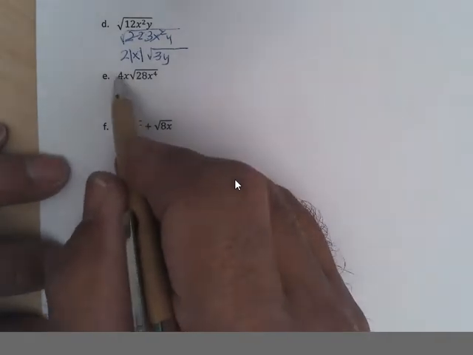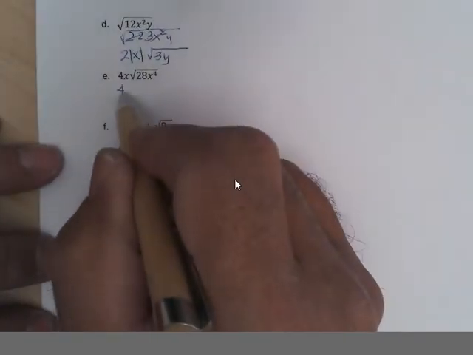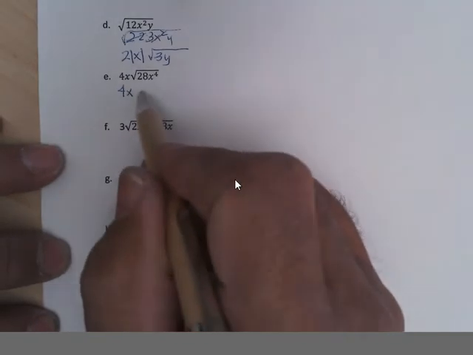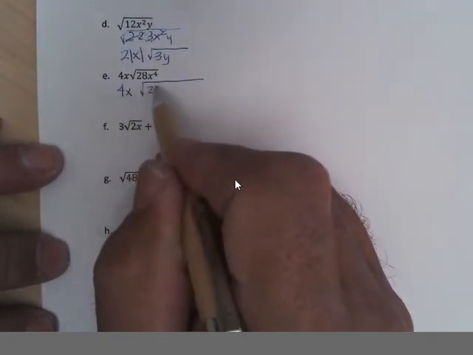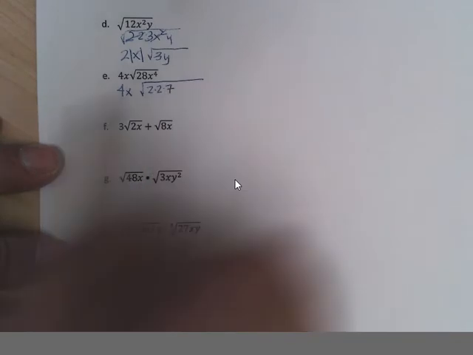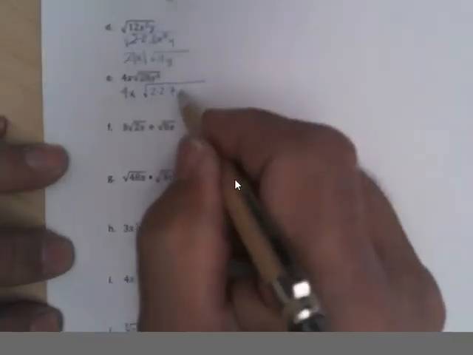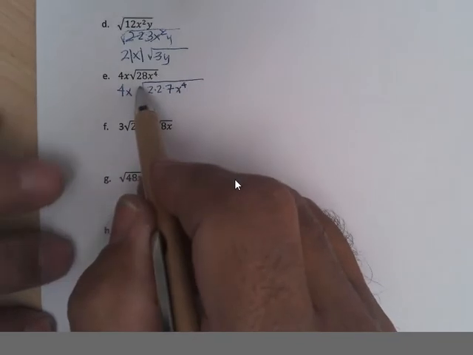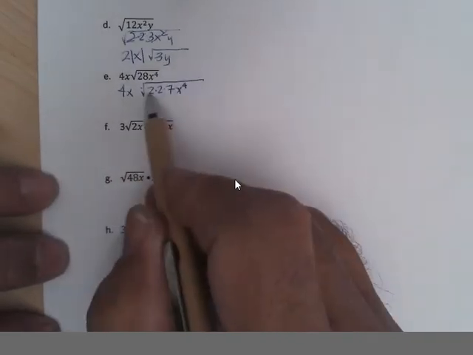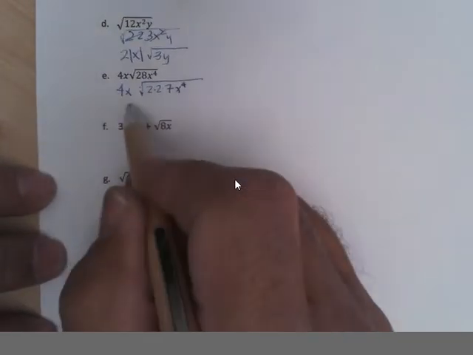We already pulled, this has a 4 and an x already pulled out. It'll be times whatever else we can get out. 28 is 4 times 7, and x, 4 x's multiplied, square root. Pair of 2's will come out times the 4, makes 8.